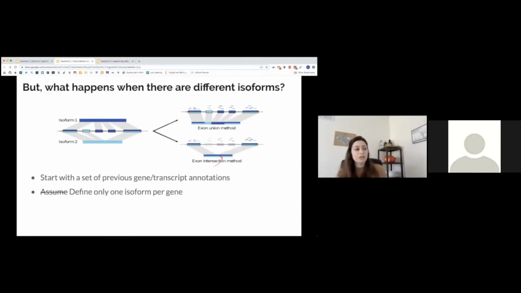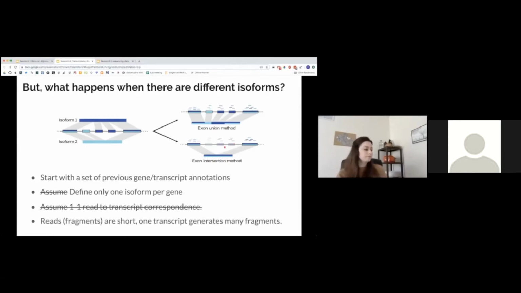And the intersection is going to reduce your power for DE analysis because it's actually going to be getting rid of a lot of reads that could give you information and more power. And lastly, we're going to give up our assumption of one-to-one read-to-transcript correspondence. So now we actually know that different reads could have come from the same transcript molecule.